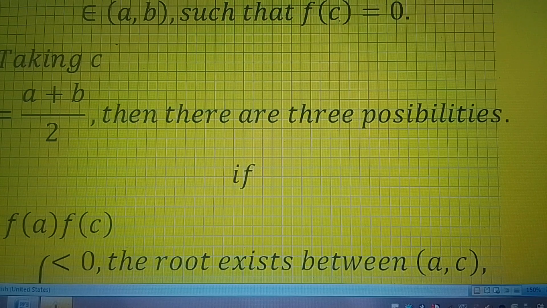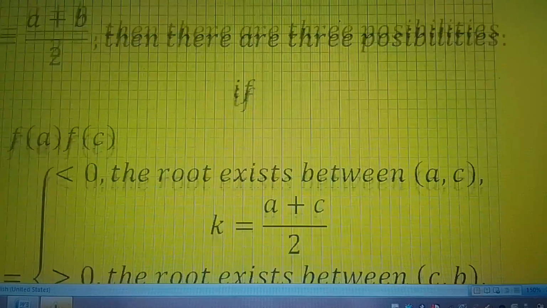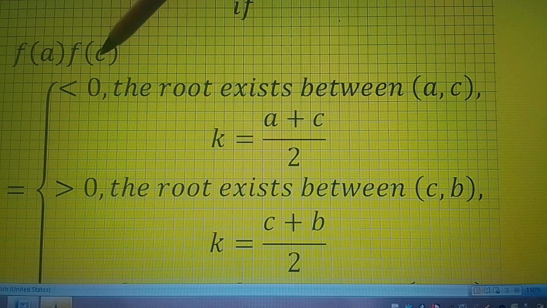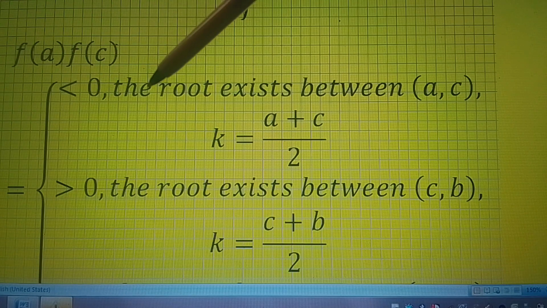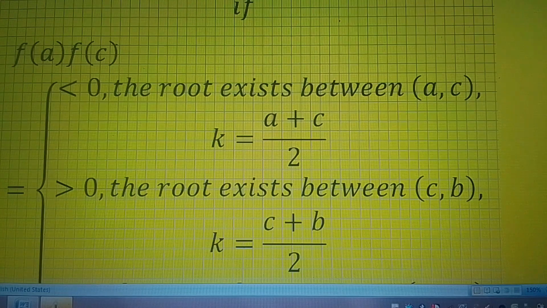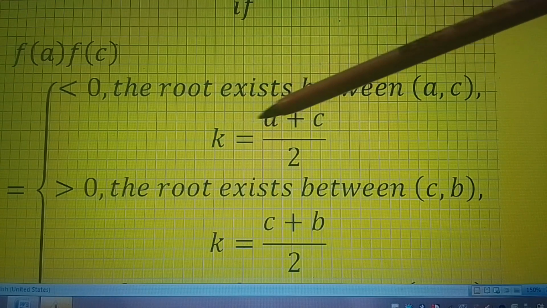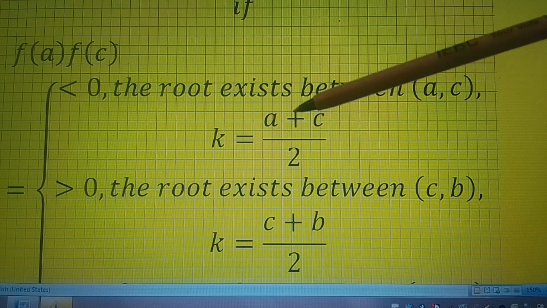then there are three possibilities. If f of a times f of c is less than 0, then the root exists in the interval [a, c], and that root, denoted as k, is a plus c divided by 2.